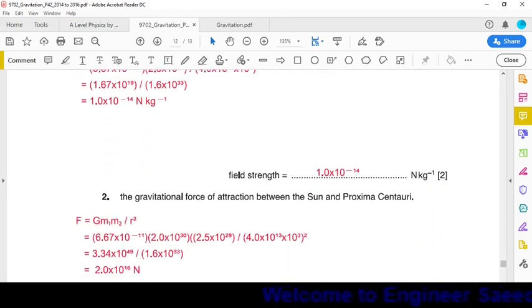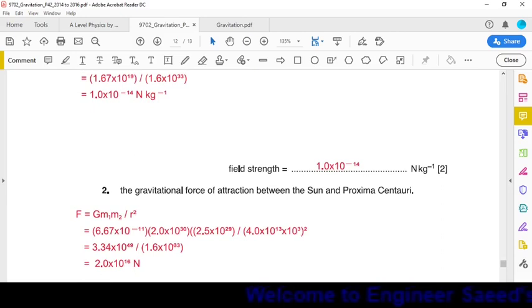Now, the gravitational force of attraction between the Sun and Proxima Centauri. Here we have to calculate the force of attraction between the Sun and the star Centauri. Gravitational force is given as G m1 m2 over r square, where capital G is the universal gravitational constant, whose value is 6.67 into 10 power negative 11.